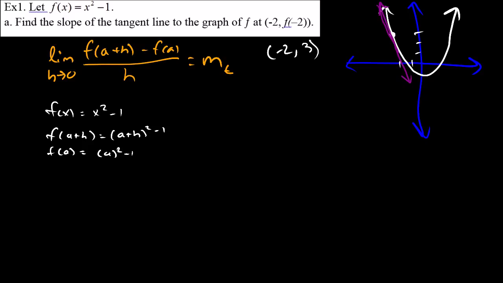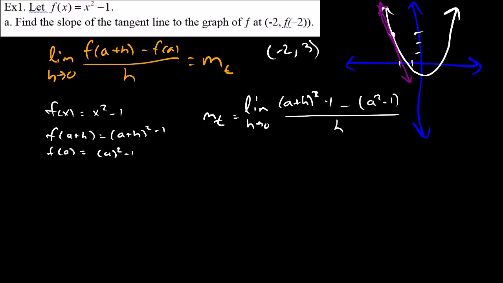So now, if we look at our slope, we have the limit as h approaches 0 of f of a plus h, which is a plus h squared minus 1, minus a squared minus 1, all over h.